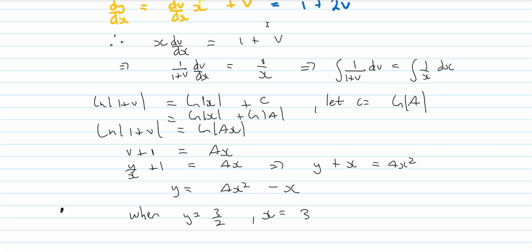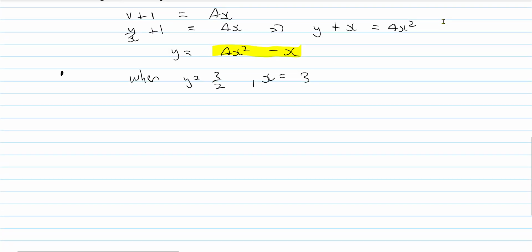So once we've got this general solution, the next parts should be quite straightforward in general. Basically, we're just substituting the values in and some basic algebra. Okay, but we'll just go through it for this example. So let's just scroll down so we've got some space. So we've got 3 over 2, so that's our y, is equal to a times x squared, so that's going to be 3 squared, and then minus 3.